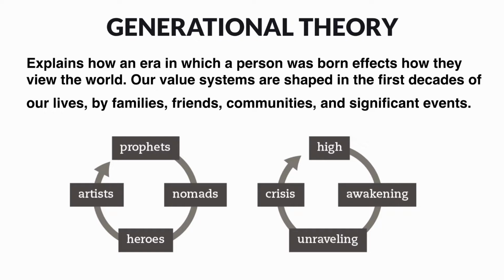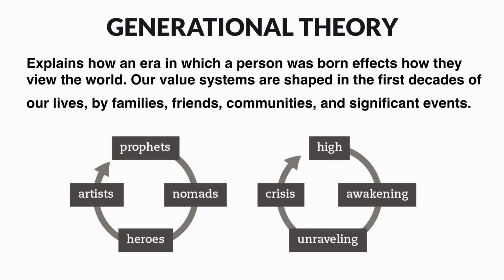So here on the left-hand side, you see that there are these different types of generations. Part of generational theory by Strauss and Howe is that there are four different types of generations, and they repeat. So the prophet generation is the generation who's speaking things out, making changes, really disrupting things.